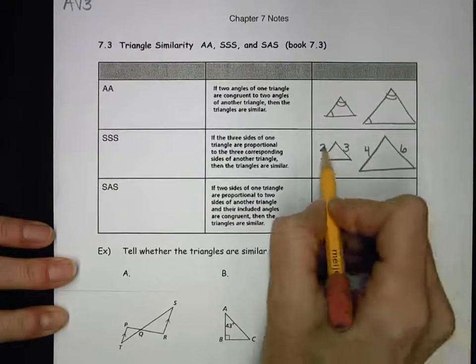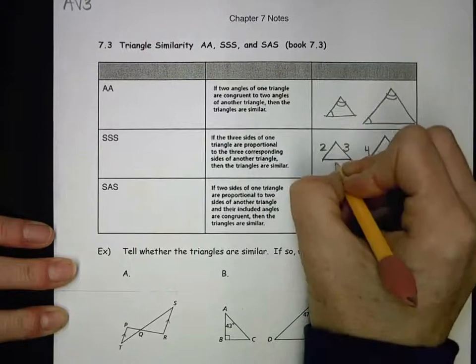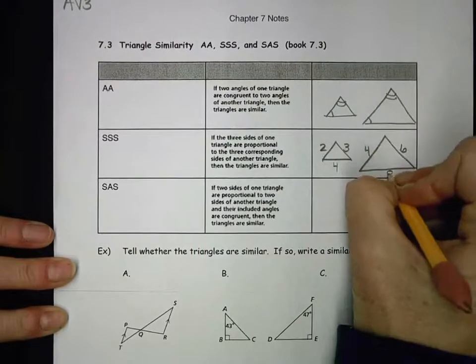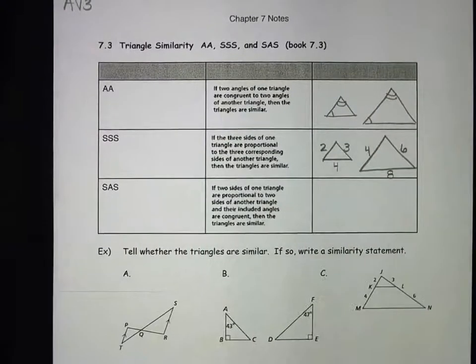So we're doubling these, doubling those. And if this were 4, this would have to be 8. So if all the corresponding sides are proportional to each other, then the triangles are similar. The similarity ratios among all the sides must be equal.